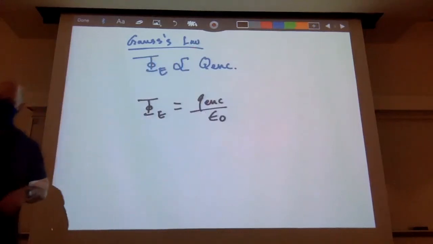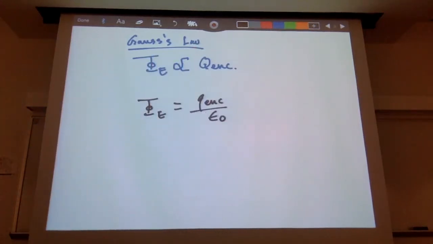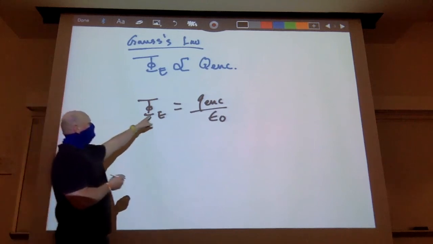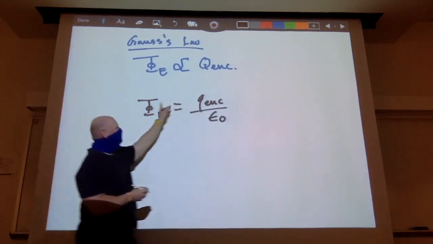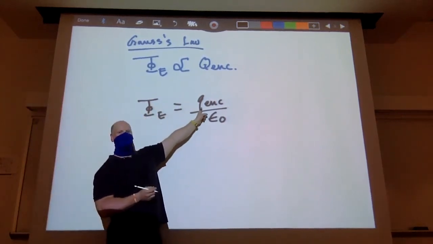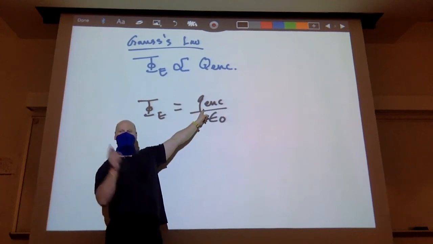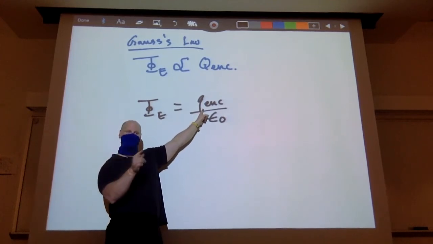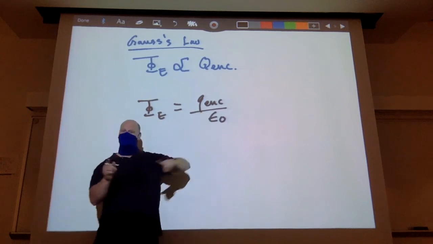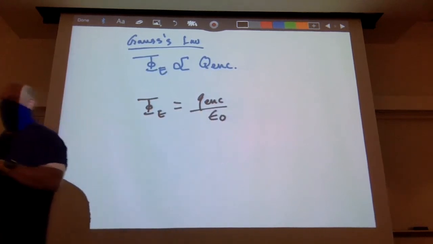Now, what's more unique about this, let's talk about this more in depth, is that notice this side only says that the amount of flux through the surface is equal to the amount of charge enclosed, which means that the amount of flux through any surface is independent of the shape of the surface. All right?